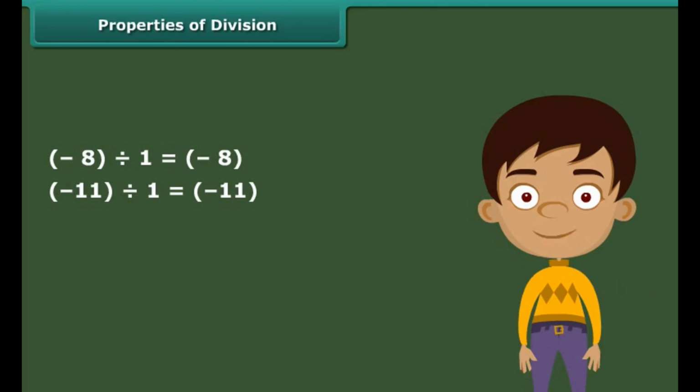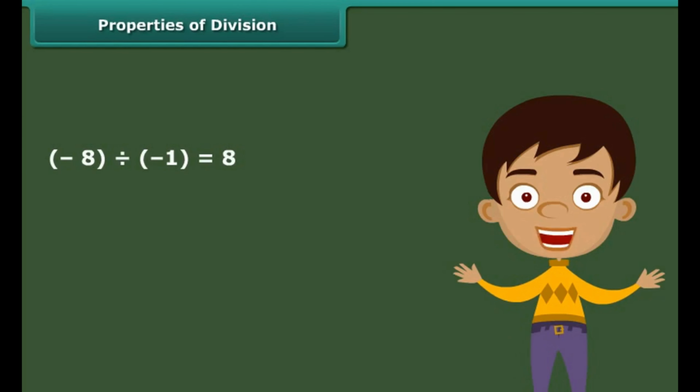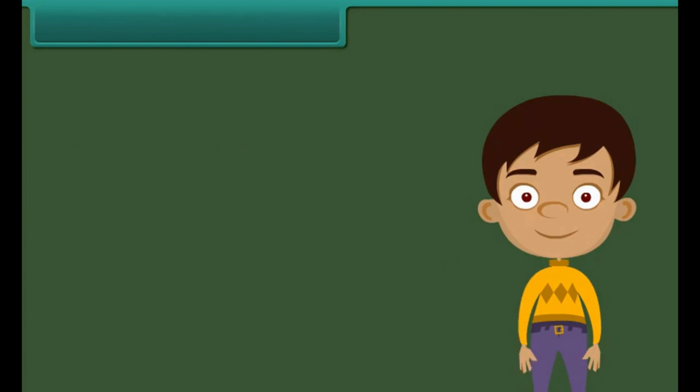But if any integer is divided by −1, it does not give the same integer. For example, (−8) ÷ (−1) is equal to 8. 11 ÷ (−1) is equal to −11.